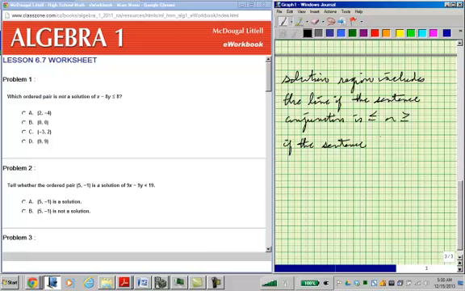If the sentence is greater than or less than, then the solution region does not include the boundary line.